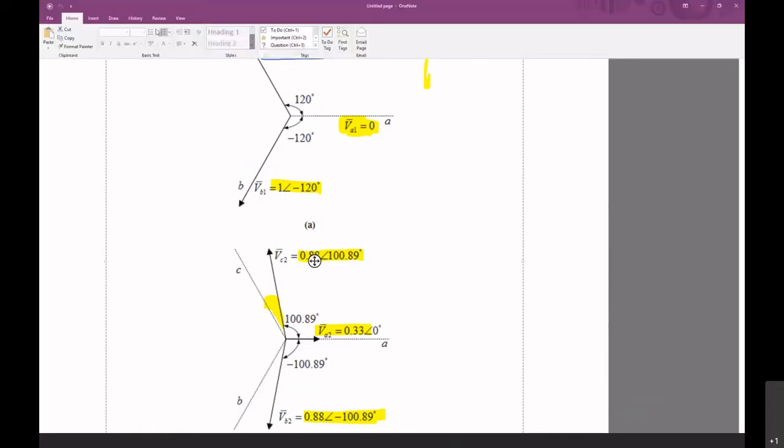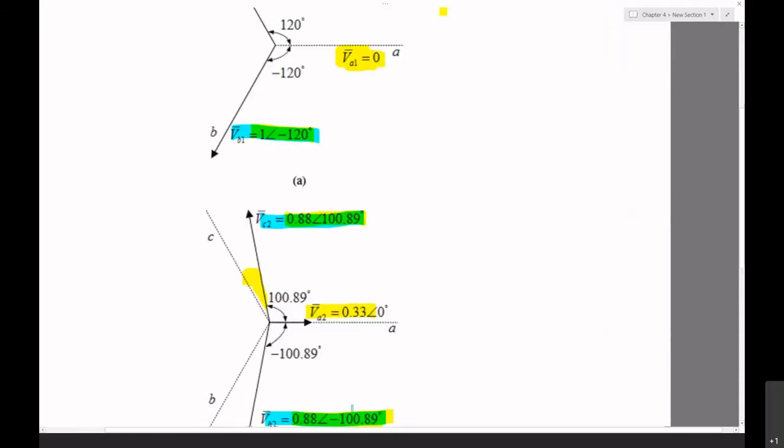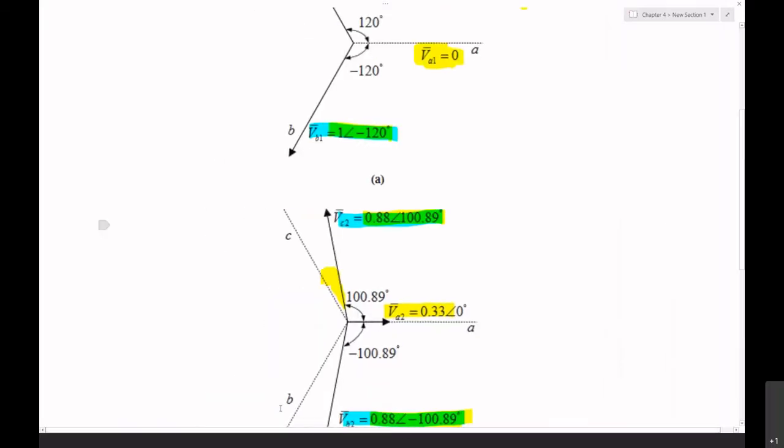You can see here the VC1 voltage and VC2 voltage have a phase shift, and even when you compare VB1 and VB2, there is a phase shift also. That was one of the problems we saw in the last class.